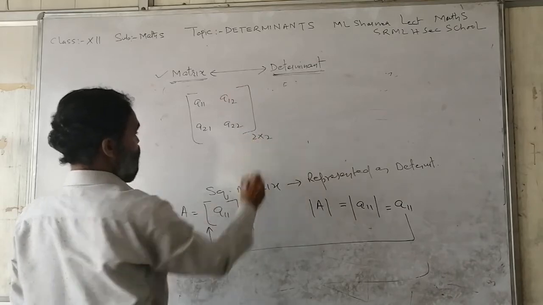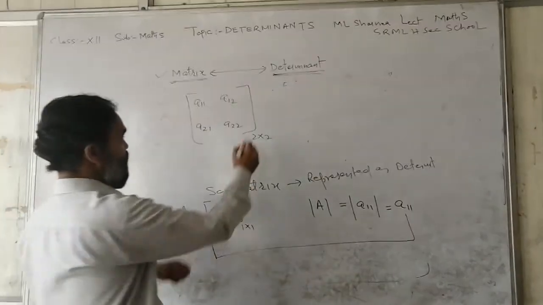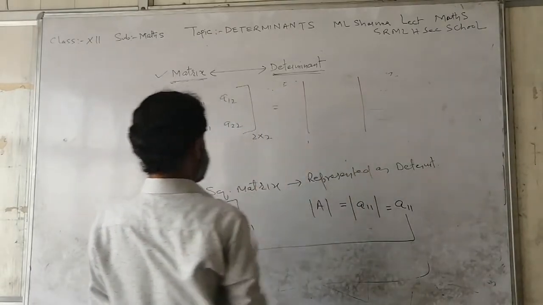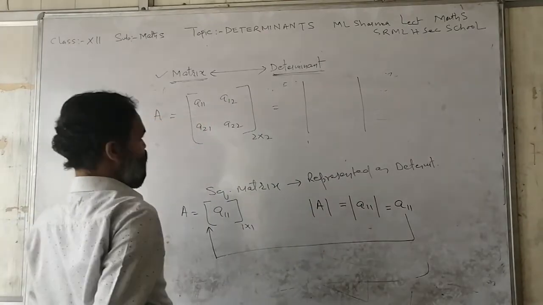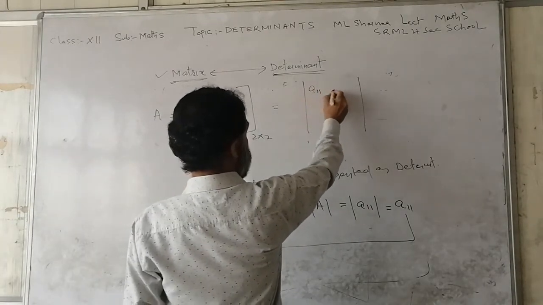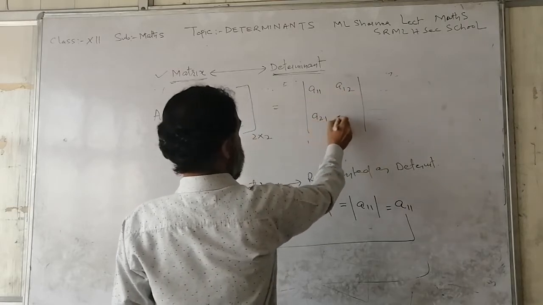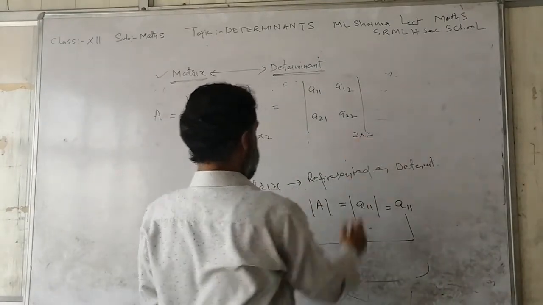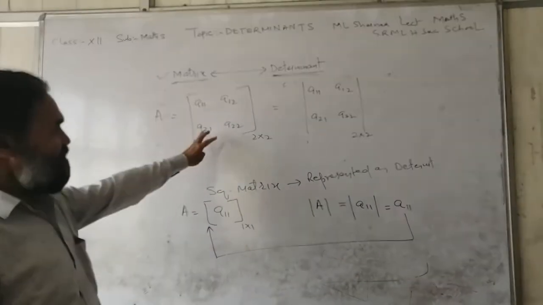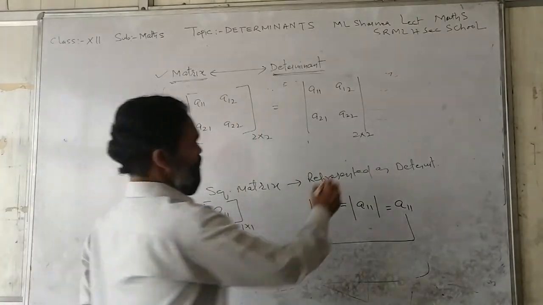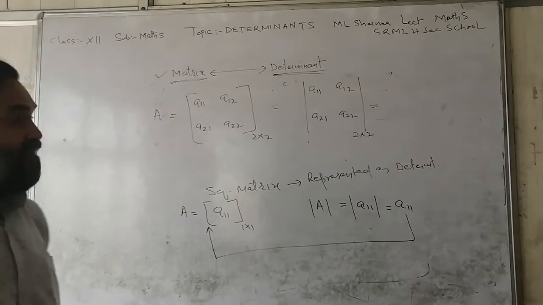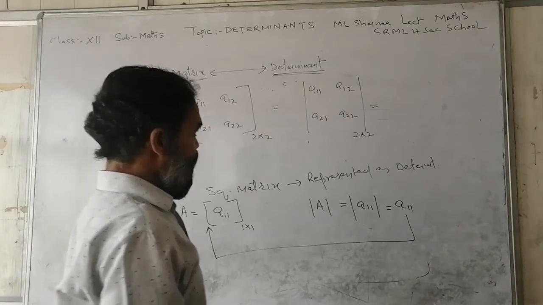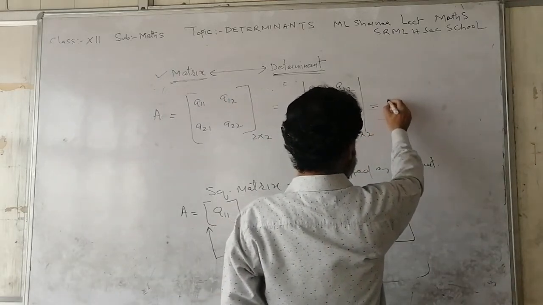Same way, if I take a 2 by 2 matrix, with 2 rows and 2 columns, and if I have to write its determinant, it will be a 2 by 2 determinant from the 2 by 2 matrix. So this matrix is equivalent to this determinant, and its value can be easily found by a simple rule.